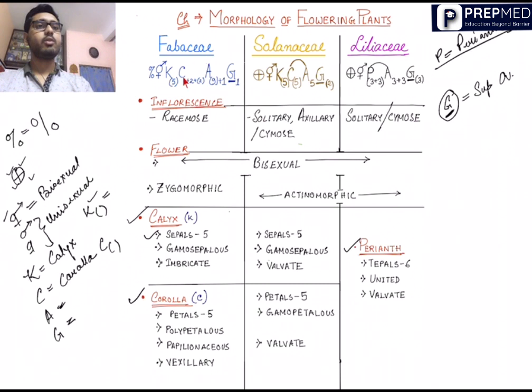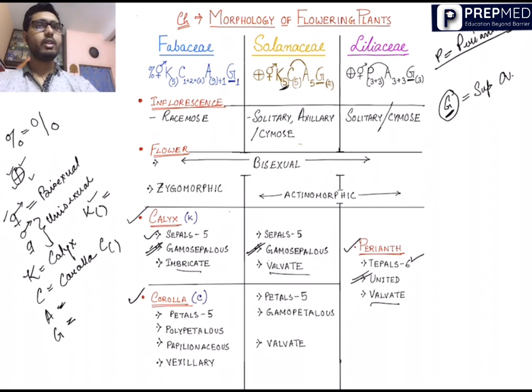They are within a single bracket, so as you have guessed correctly, gamosepalous. Again 5 within a single bracket, so yes, gamosepalous. Here there are 3 plus 3, so it's 6 sepals, but they're united. Good. The aestivation is imbricate, valvate, valvate. I'll be speaking about them after a few minutes from now.